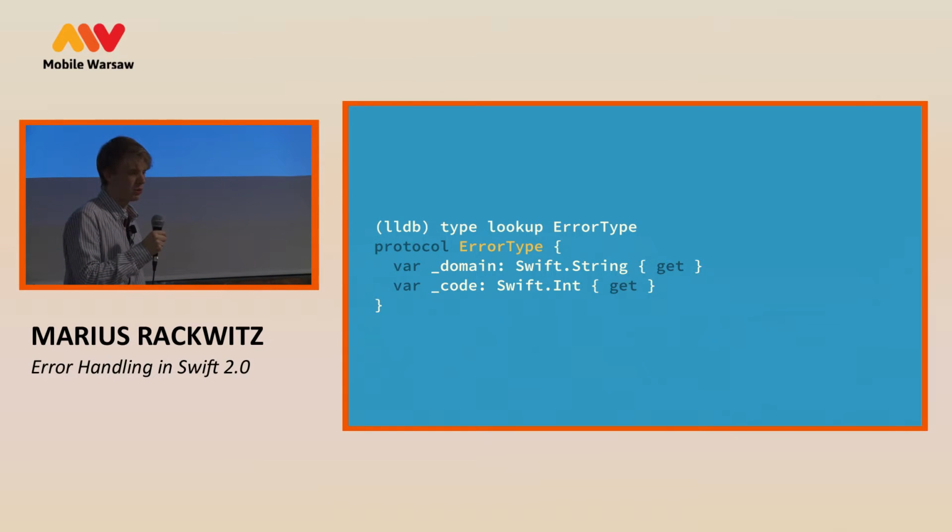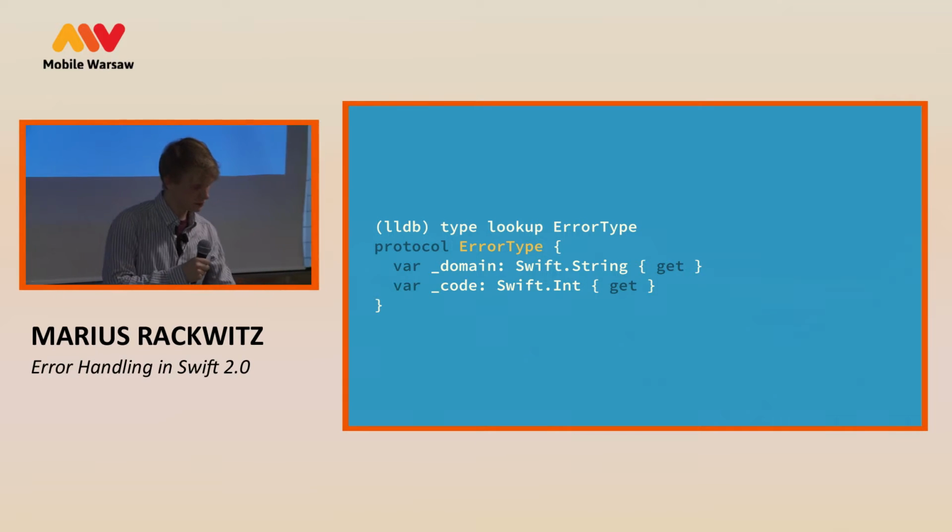And for most enums or Error type implementations, the compiler can figure that out automatically, just because everything is namespaced in Swift. So from the namespacing, we can fill the domain. And the code is filled because the Error type is ultimately raw representable and has a raw value. So the code is the raw value of the error, basically.